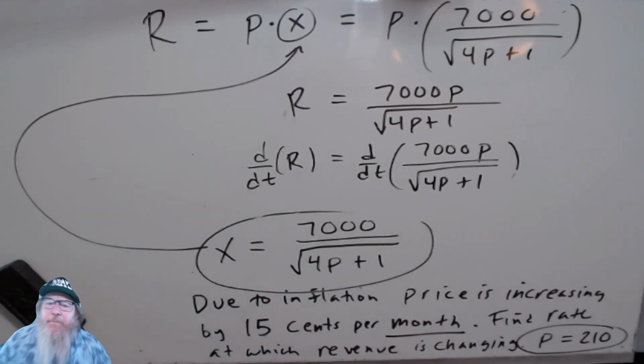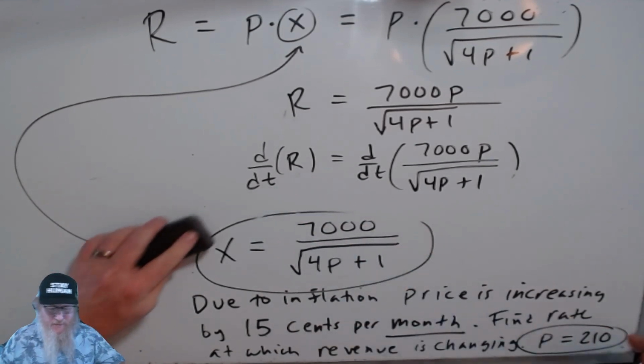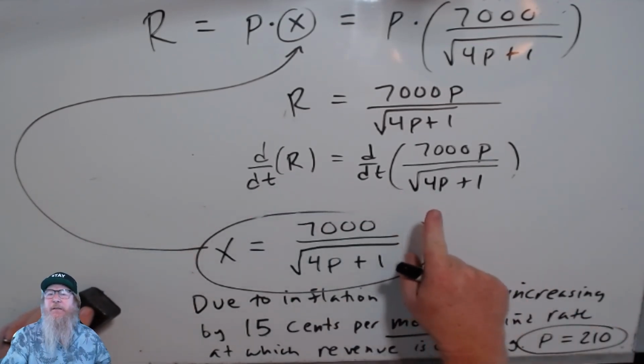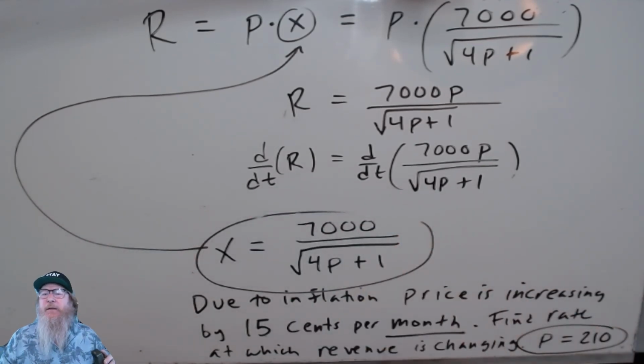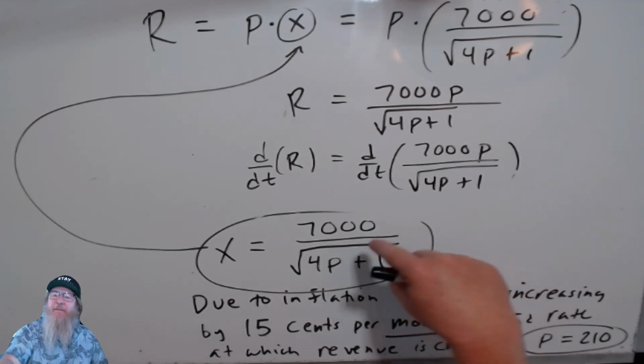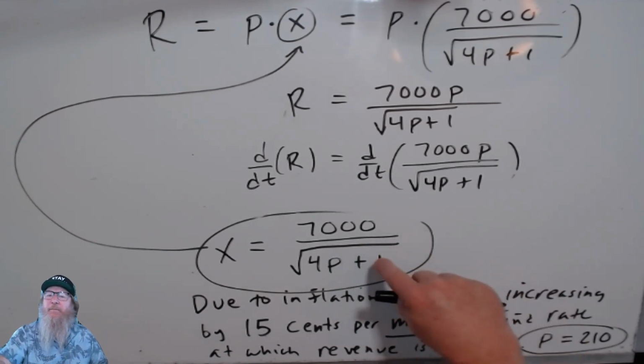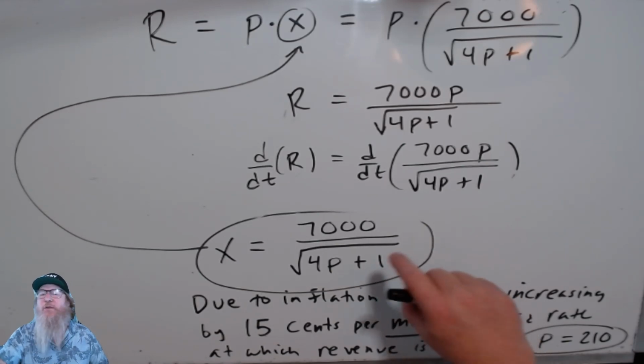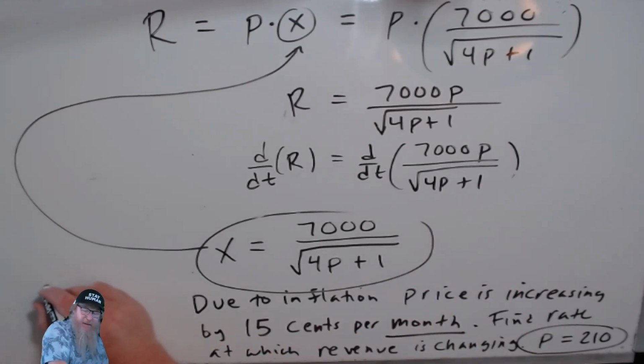Sorry about that. I might want to save this. This is an important feature. It tells me how many units we're selling at that price. So I might need this, 7,000.